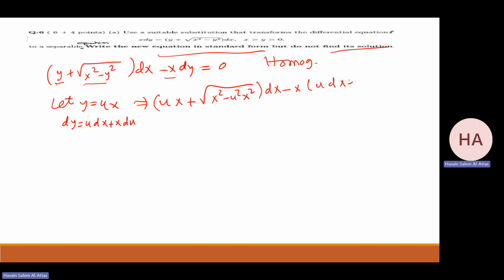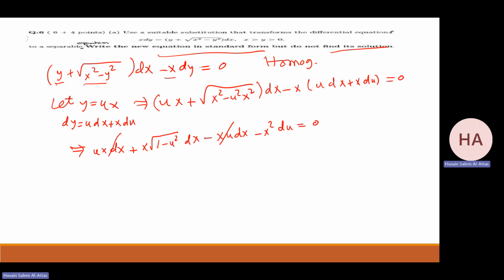So I have ux dx plus, since x is positive, I can take x as a common factor, square root of 1 minus u squared dx, minus xu dx minus x squared du equals 0.